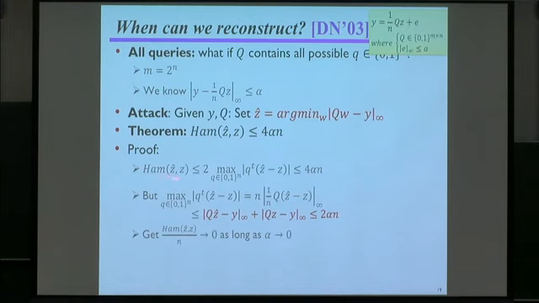So the idea is that if I look at the Hamming distance between Z hat and Z, if Z hat and Z were far apart, if there were many entries on which they differed, then I could find a subset of positions where I could take my query to have ones on all the places where Z hat is 1 and Z is 0, or vice versa.